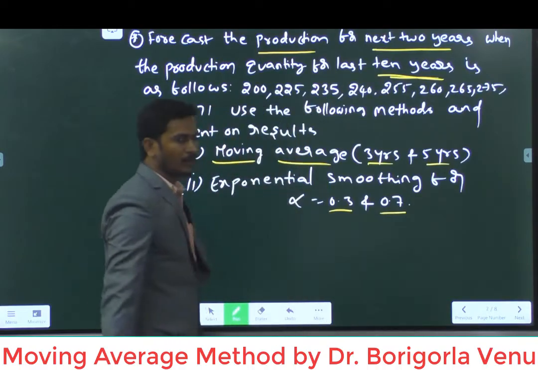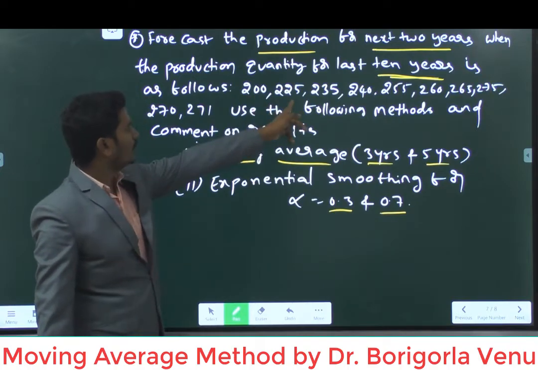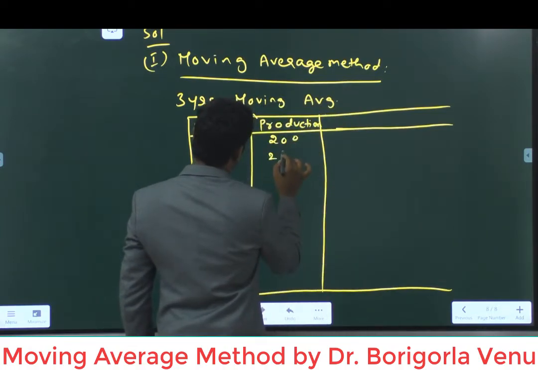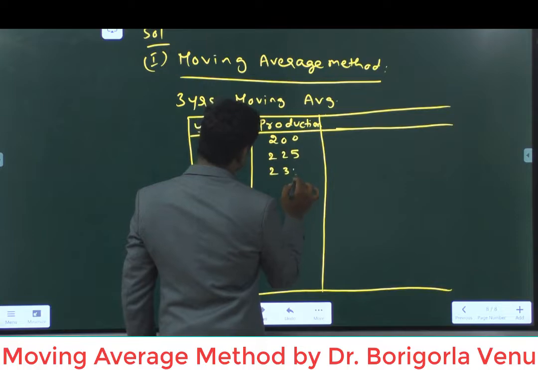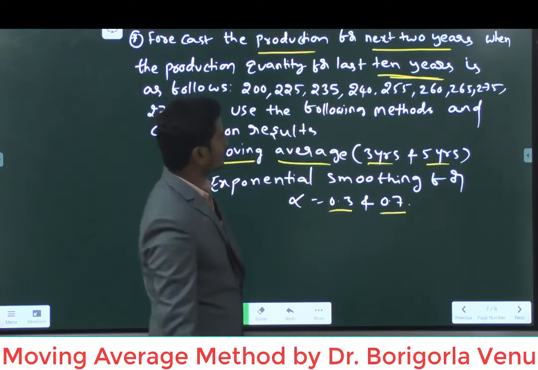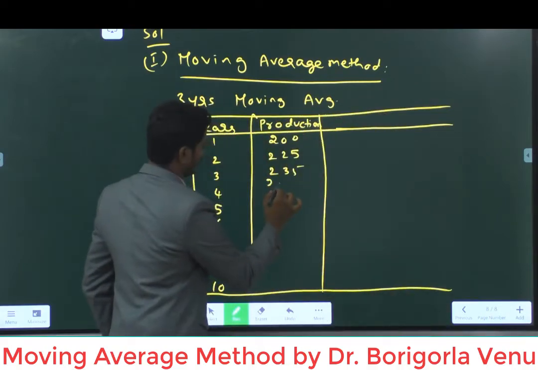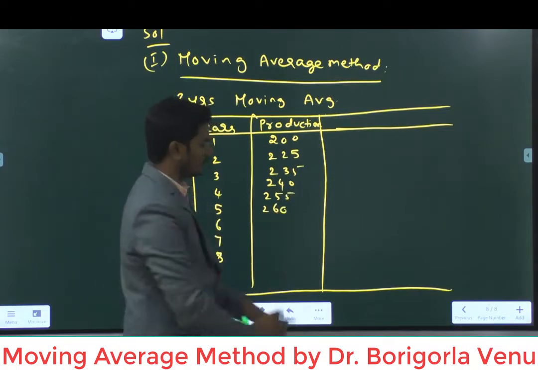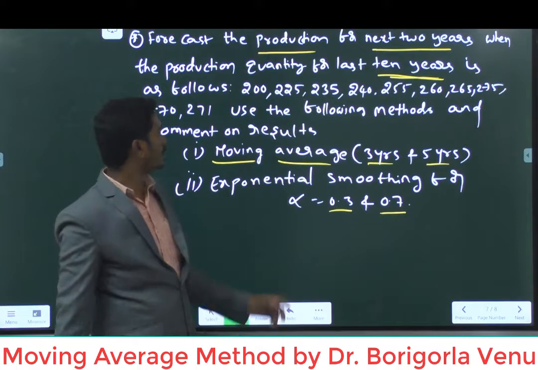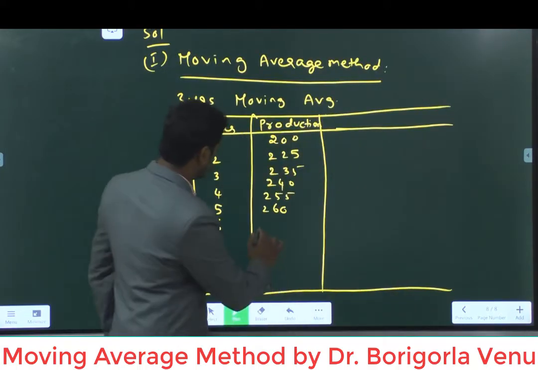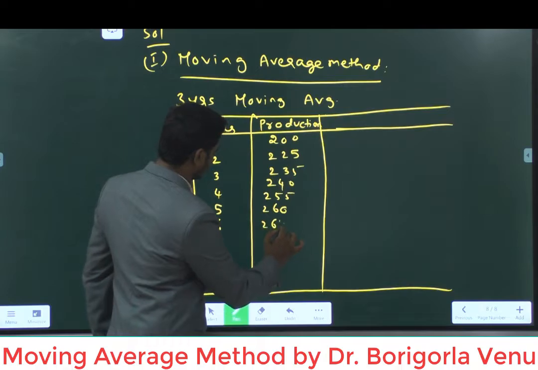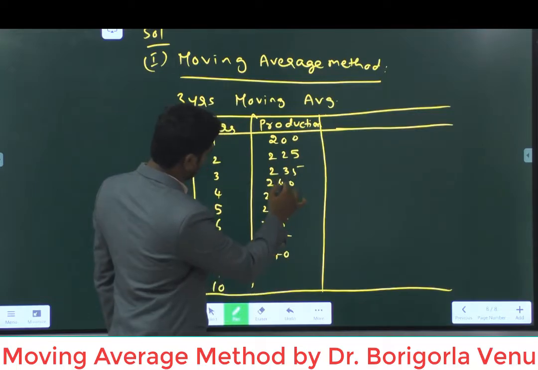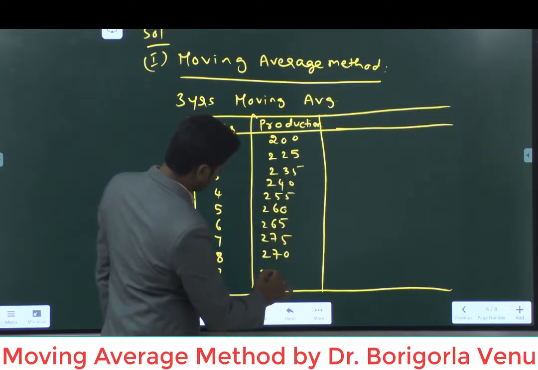Here in our problem they mentioned the productions, that is 200, 225, 235, next 240, 255, 260, next 265, 275, 270, 271.